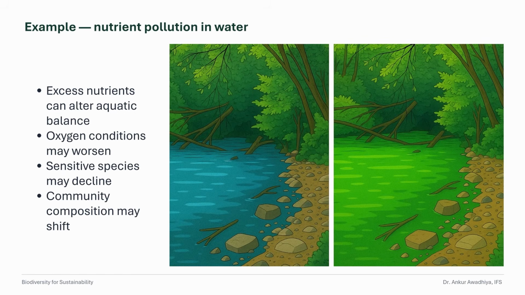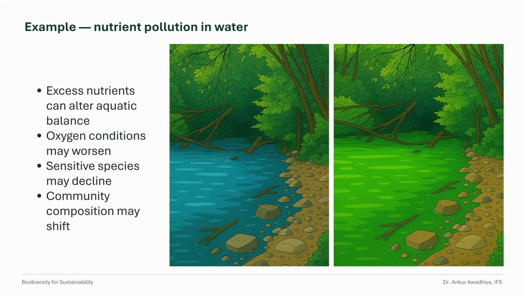Excess nutrient input into a water body can strongly alter ecological balance. The image of eutrophication helps us see this process clearly, because when nitrogen and phosphorus accumulate beyond normal levels, they drive excessive growth of algae and other organisms, while reducing oxygen availability in the water.